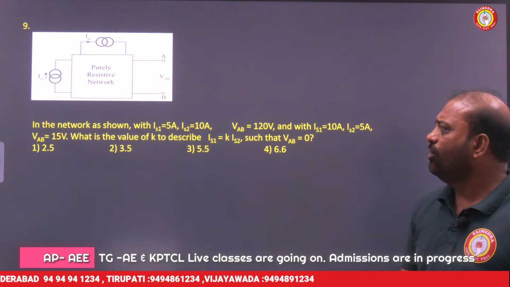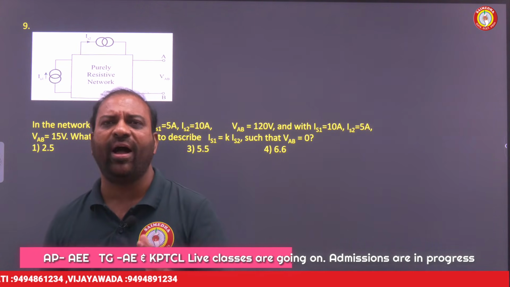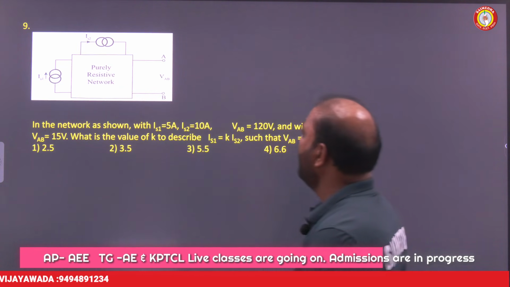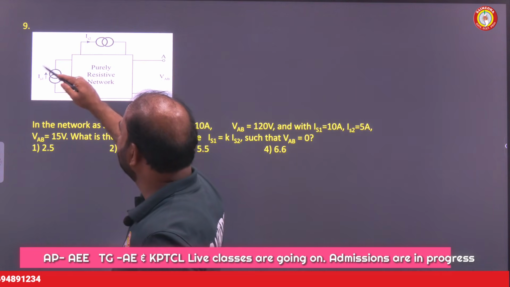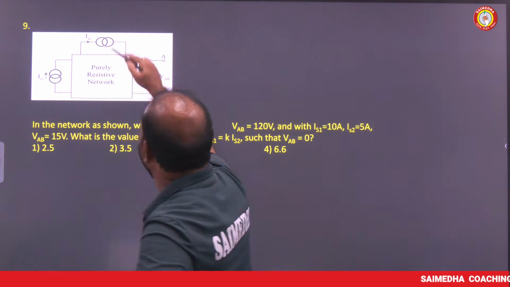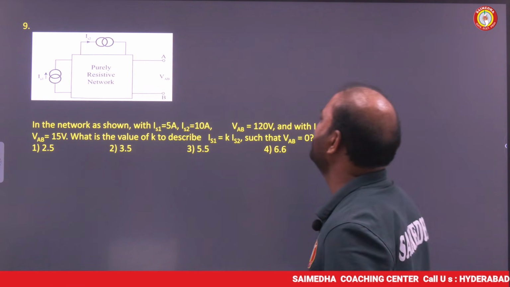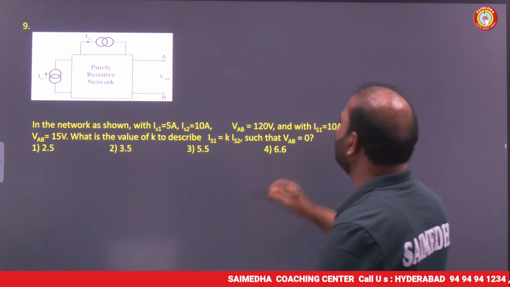In the network as shown, we have a current source with IS1 equal to 5 amperes and IS2 equal to 10 amperes, and the voltage obtained across terminals A and B is 120 volts.